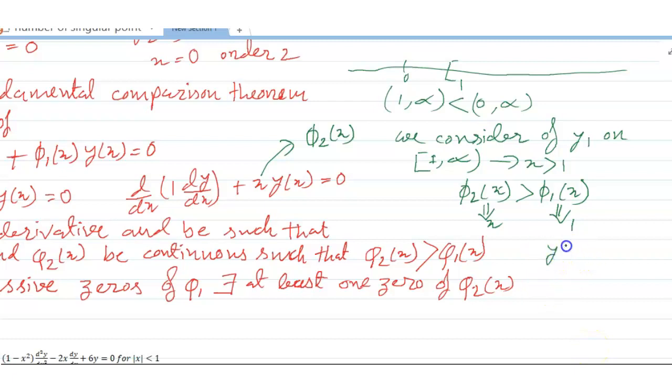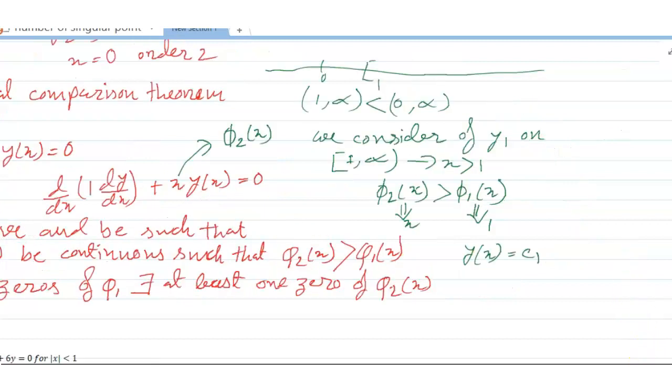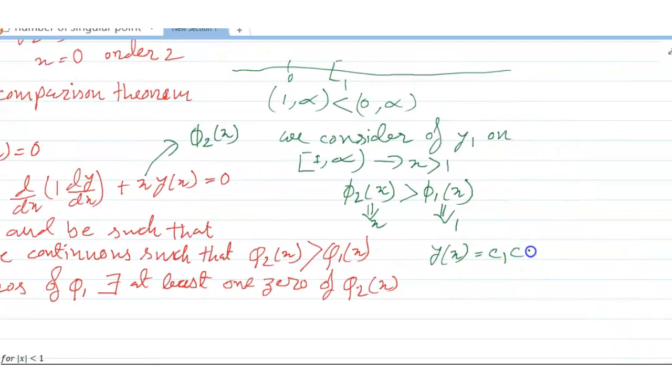So y(x) is equal to c1 cos x plus c2 sin x if y'' plus y equals 0. This is the case for phi 1(x).